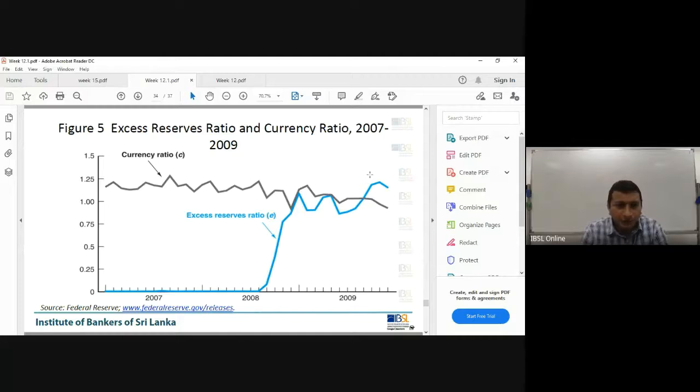All facilities were extended and expanded. And you also see to some extent people have become a little more conservative in terms of expanding economic activity. So the banks would have seen some reduction in loan creation, that means deposit expansion. As a result, excess reserves also would have increased during this period.